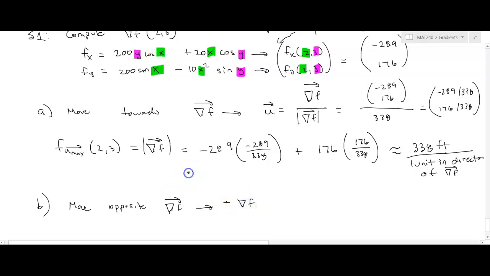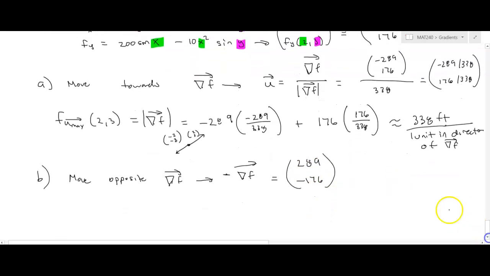If a vector is (2, 3), then taking the negative of those components gives (-2, -3), which points 2 units left and 3 units down. It's still along the same line, but 180 degrees opposite. So the negative gradient of f will be positive 289 and negative 176.